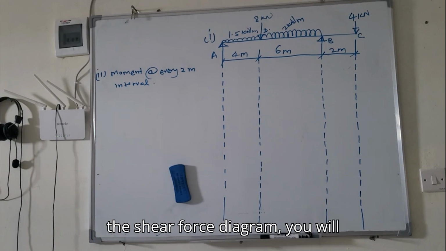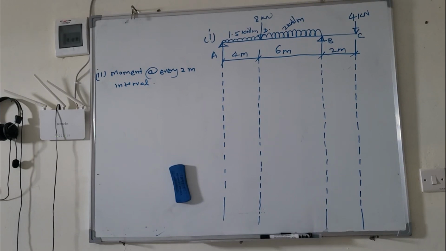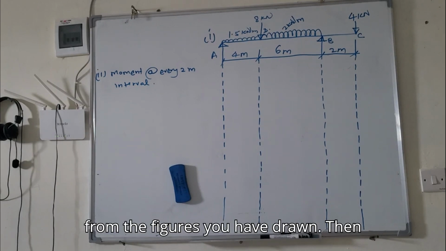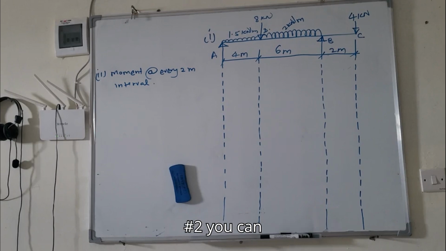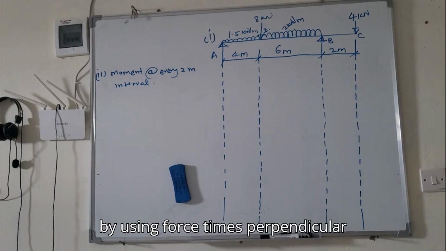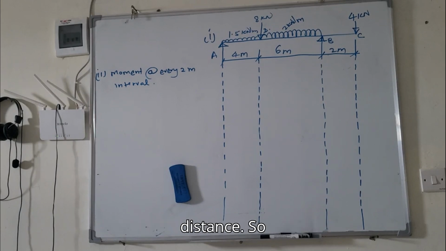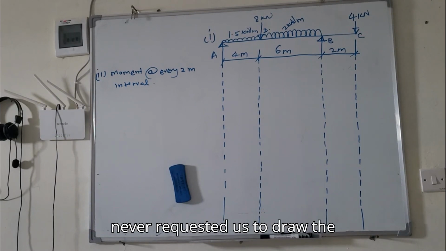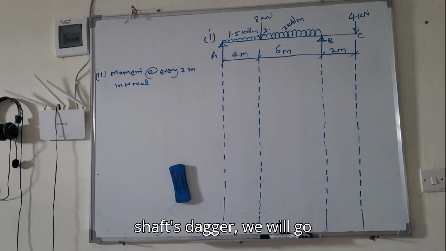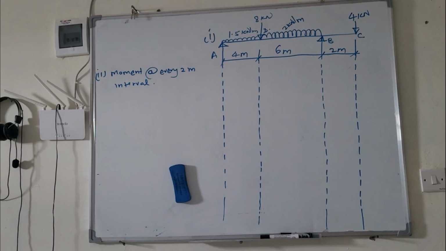After drawing the shear force diagram, you start calculating the areas from the figures you have drawn. And number two, you can calculate moment directly by using force times perpendicular distance. Because the question never requested us to draw the shear force diagram, we will go direct to the moment at every 2-meter interval.